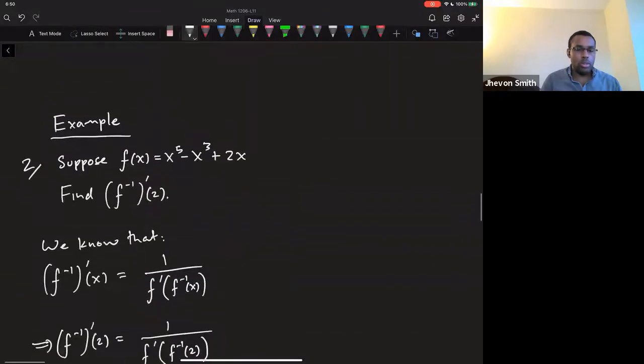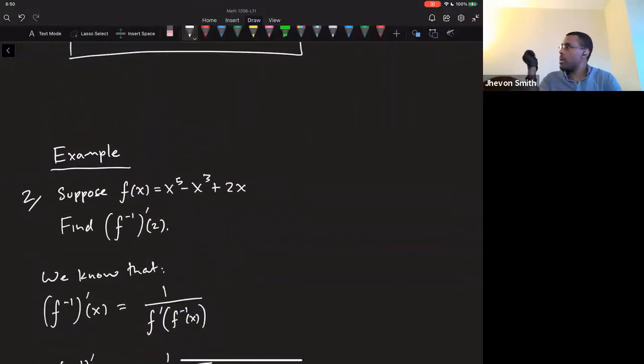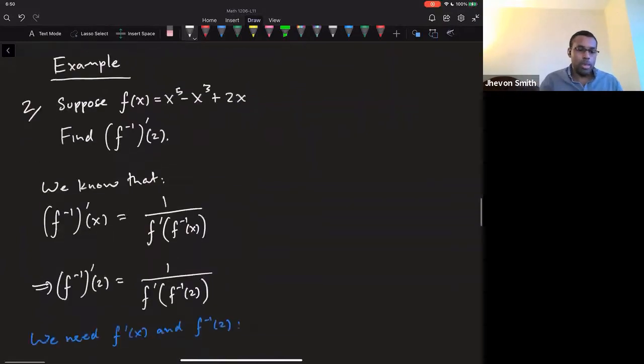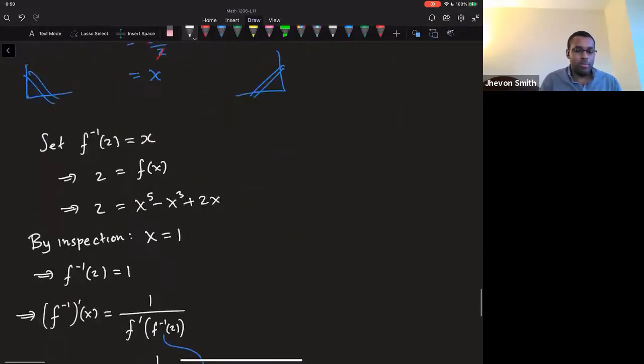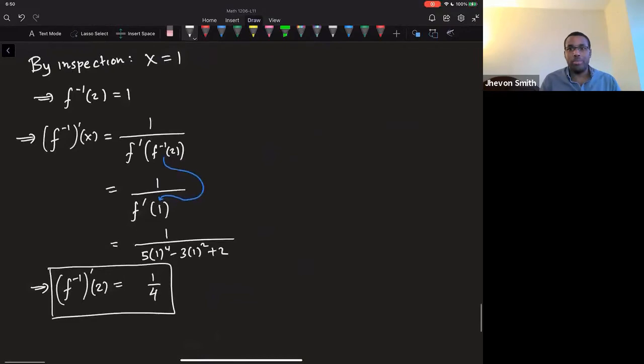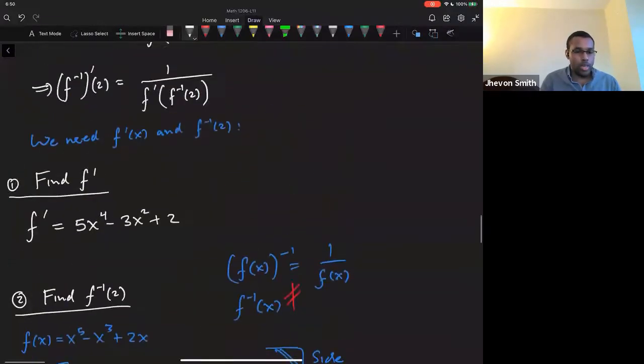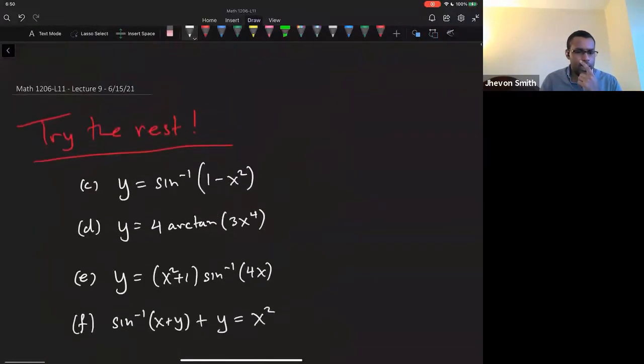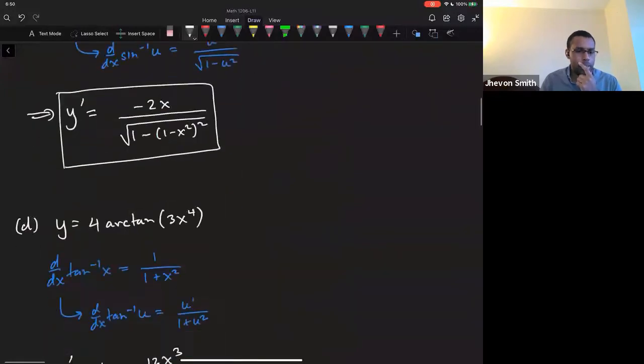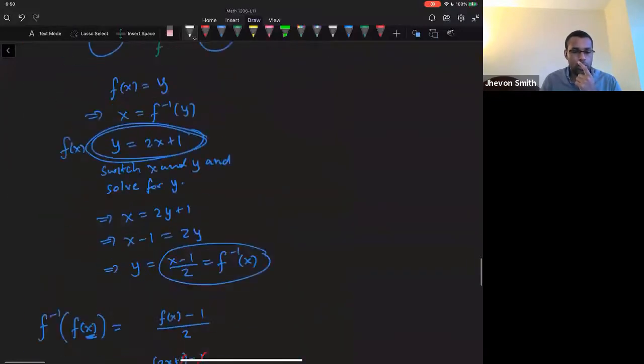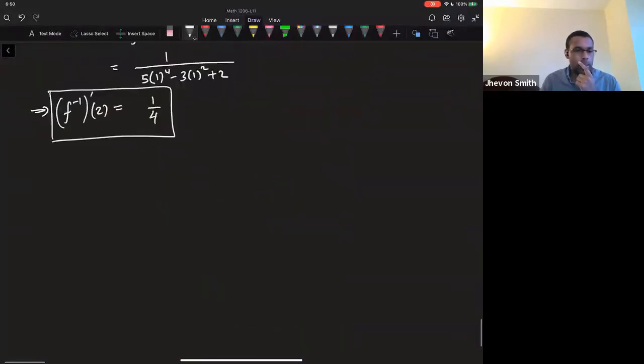So we sometimes want to find the derivative of inverse functions even when we can't actually find the inverse function. Might be important. Sometimes you need to undo something that was already done. Okay, so I think that was the last example. That's all we have to do with derivatives of inverse functions.